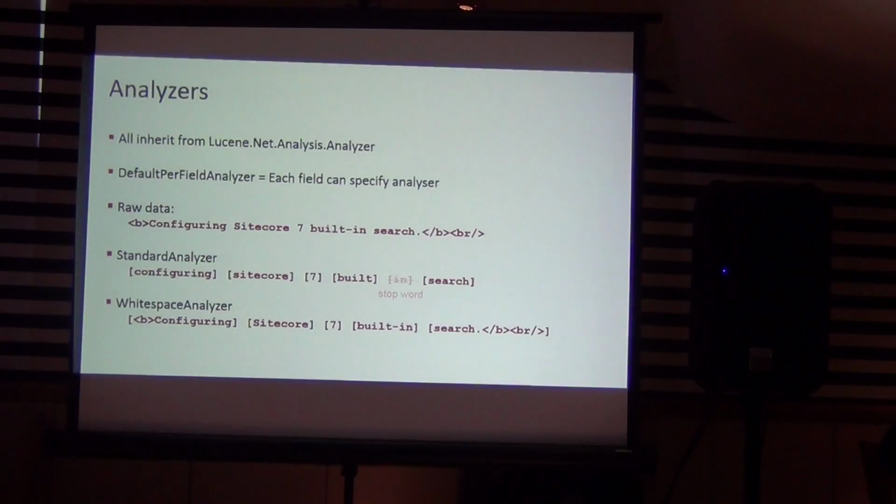The next thing I just wanted to touch upon was something called analyzers. We did have analyzers in previous versions of Sitecore, and I guess it's a concept that comes out of Lucene. I think most search mechanisms, indexing mechanisms, use analyzers in some guise.